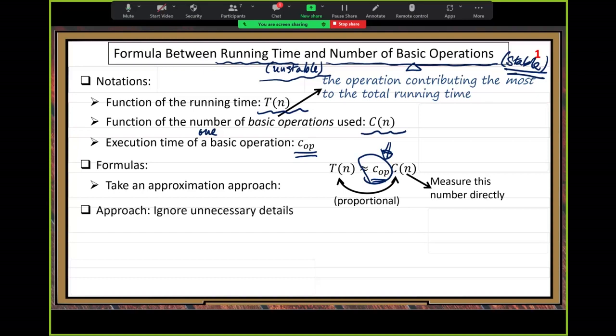So now, let's do the next discussion, the approach. When we do efficiency analysis, we want to focus only on the major part.